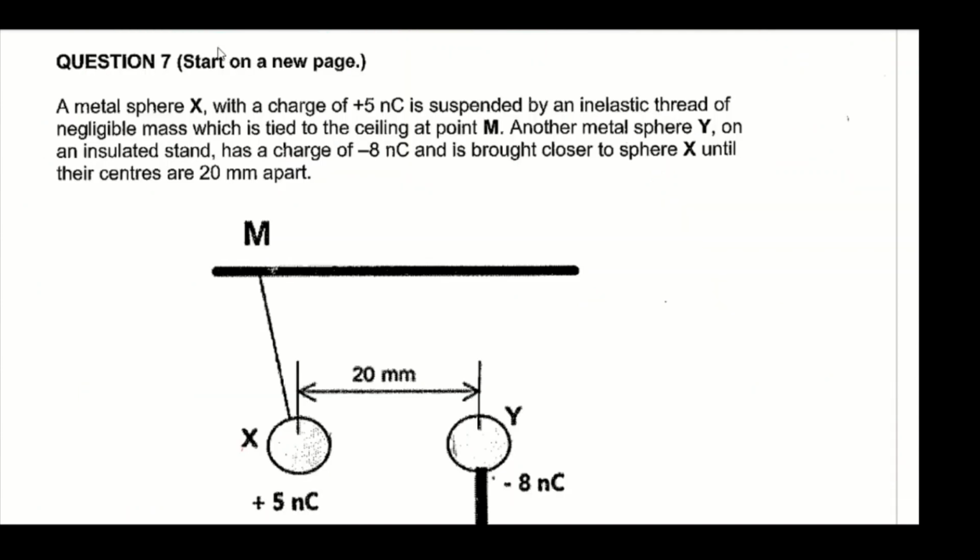Do question 7, and the statement reads as follows. A metal sphere X with a charge of 5 nanocoulombs is suspended by an inelastic thread of negligible mass which is tied to the ceiling at point M. Another sphere Y on an insulated stand has a charge of minus 8 nanocoulombs and is brought closer to sphere X until their centers are 20 millimeters apart.